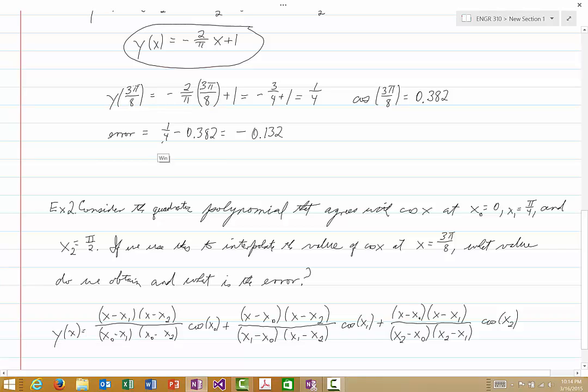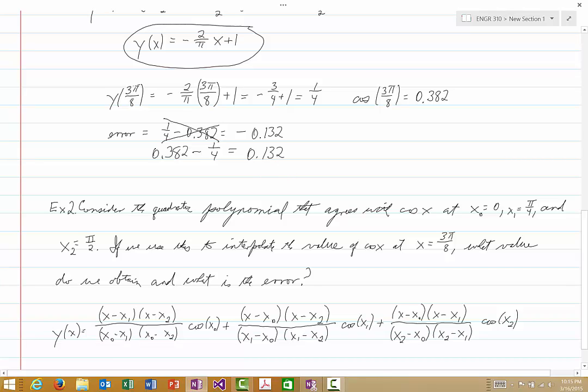I'll just put an X through that and say 0.382, because that's the value of the function you're trying to approximate, minus the value of the interpolating function, and so we would get the error is positive 0.132 if we use that definition of the error.